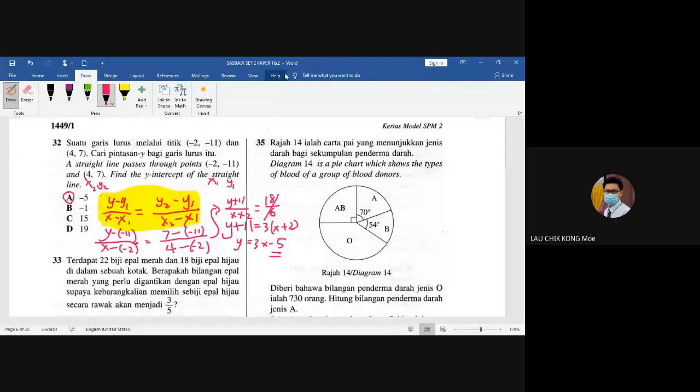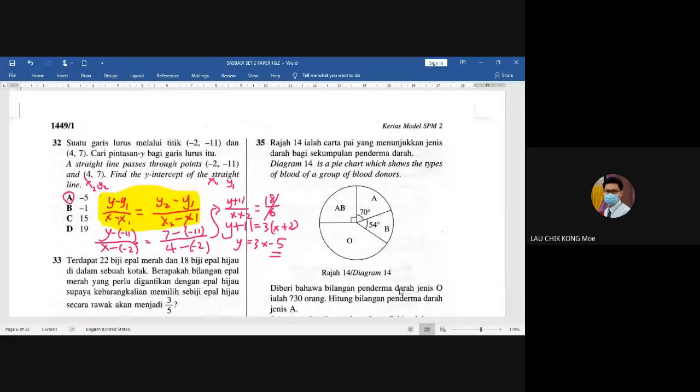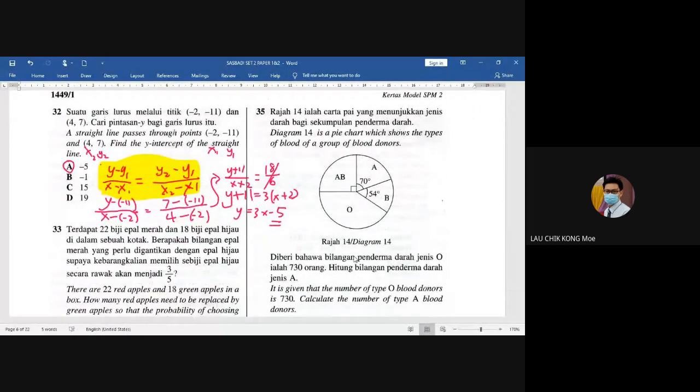Okay, so this is 32. And then we continue next questions. If I am too fast, please tell me. Okay, so 33 is about the probability. So write down your step.